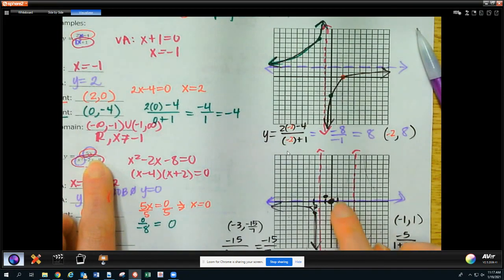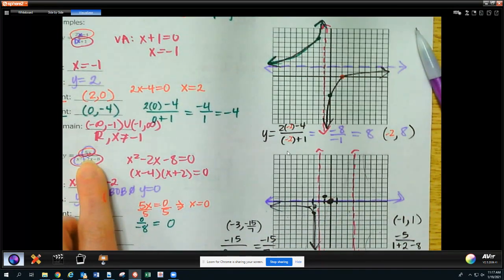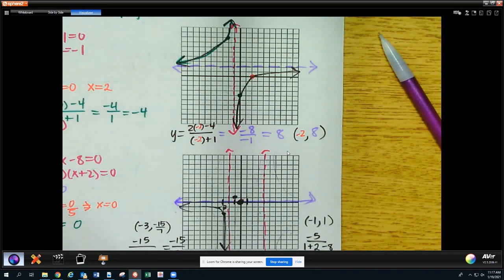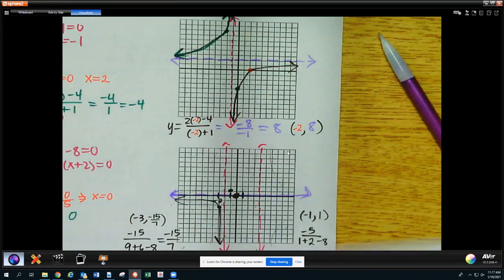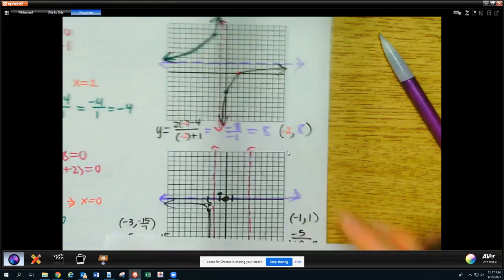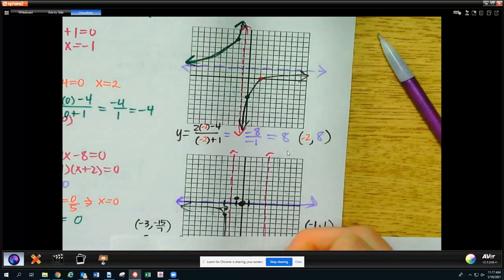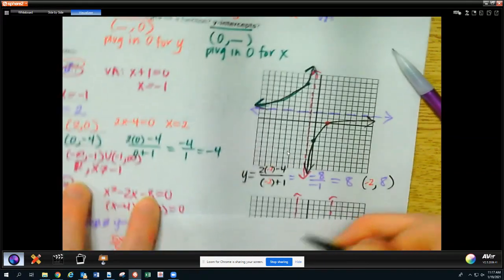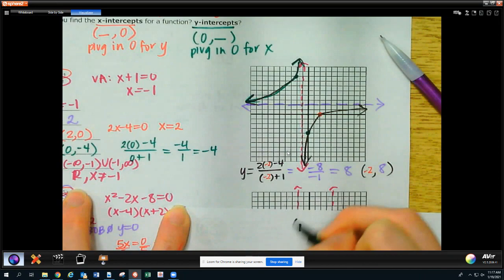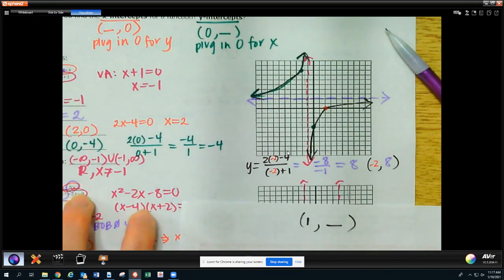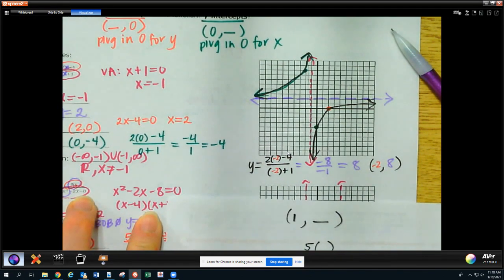And then I'm also going to plug in +1 to this function. Okay, let me get another piece of paper. So if I plug in +1, we got to figure out the y value that goes with that. So on top, we have 5x over x squared. I'm going to show the details for this one, just in case I've been confusing anybody.